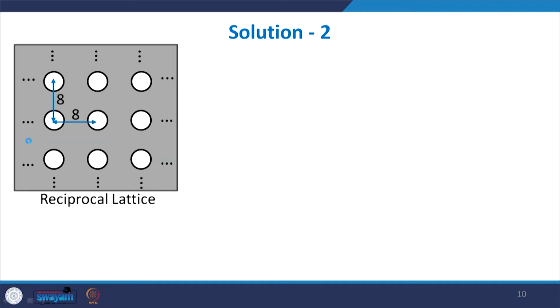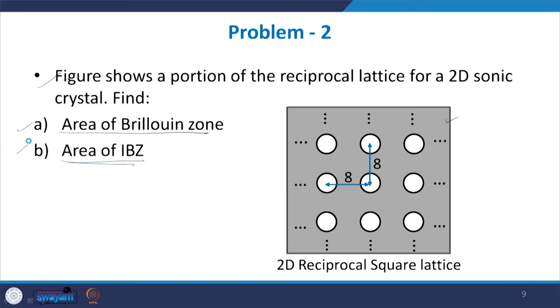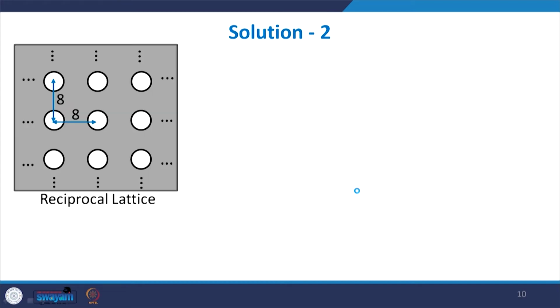So let's say this is the reciprocal lattice which is given to us, and the lattice constants in both directions are given as 8 and 8. That is why it is a square lattice. You can find the Brillouin zone just the way I explained a couple of lectures before. You can simply draw perpendicular bisectors.